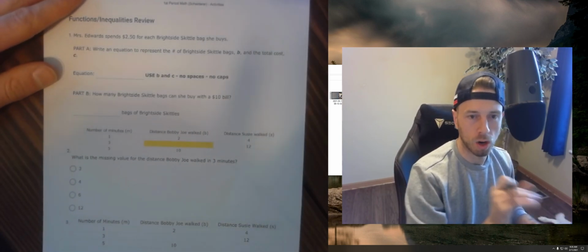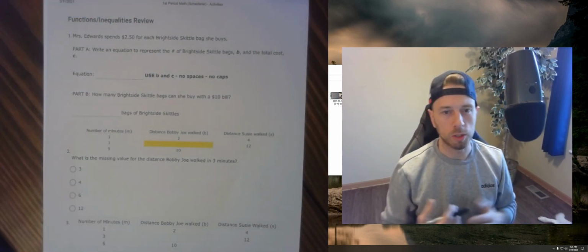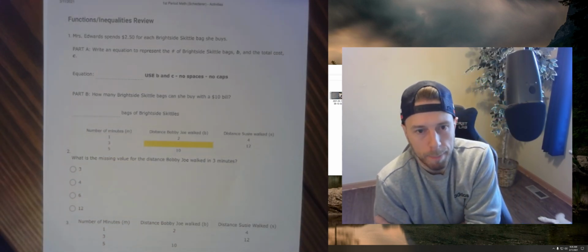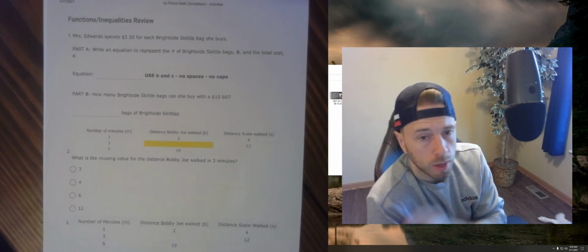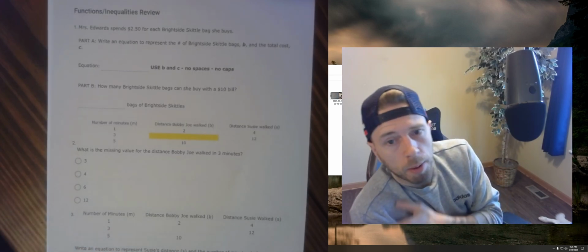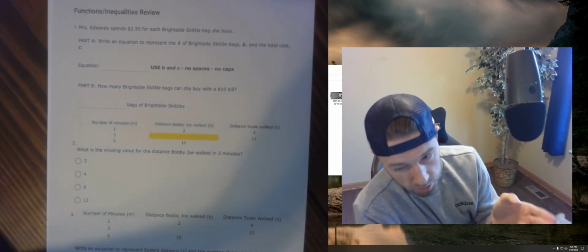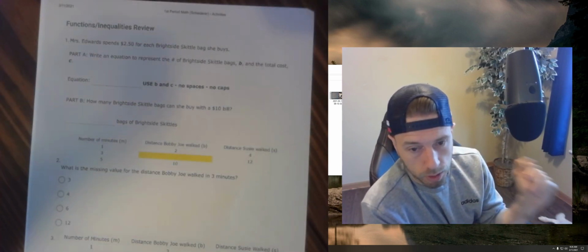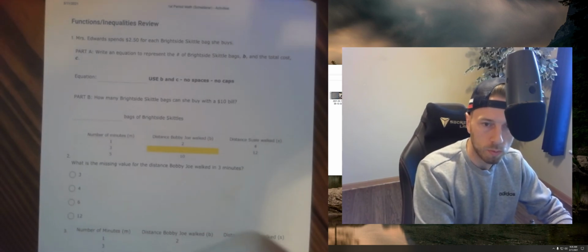Problem number 1. Mrs. Edwards spends $2.50 for each Brightside Skittle bag she buys. Part A. Write an equation to represent the number of Brightside Skittle bags, B. So we don't know how many it is. And the total cost, C, because we don't know what that is either.